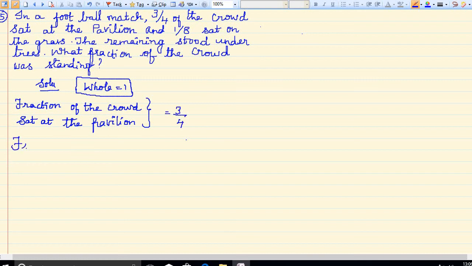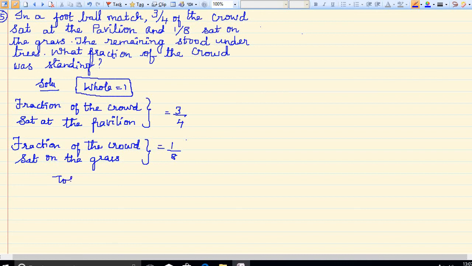Now fraction of the crowd sat on the grass, 1/8. Now I am going to find out the total fraction.